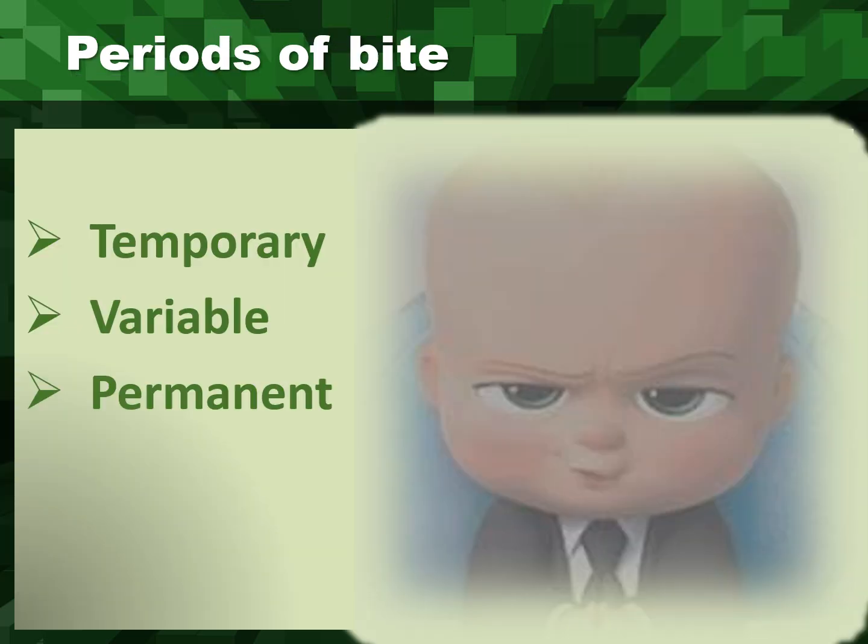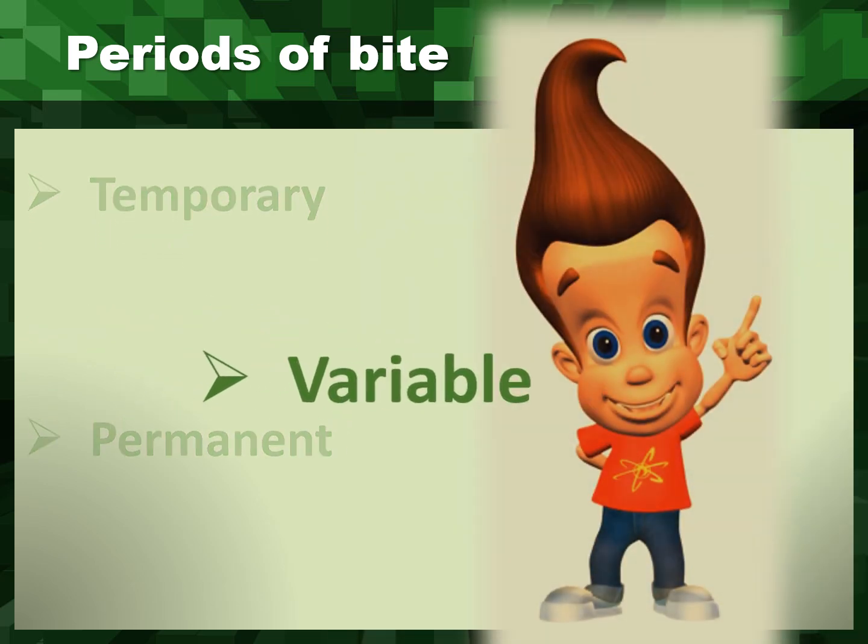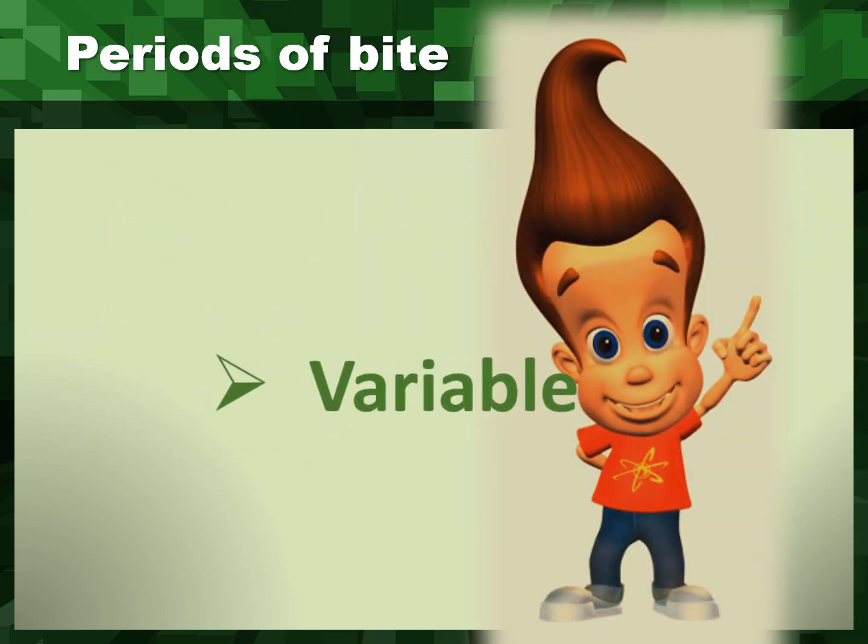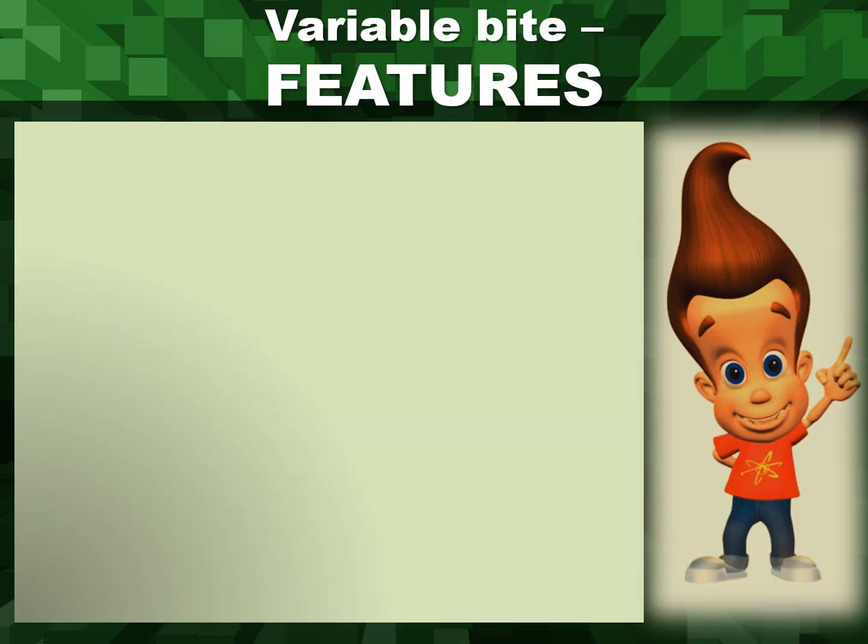Next period of the bite, the variable bite period. What does it mean? Features of this period: from 6 years old till 12 years old.